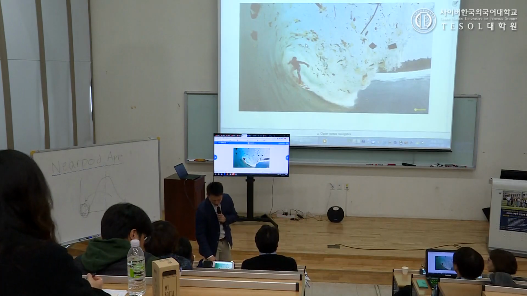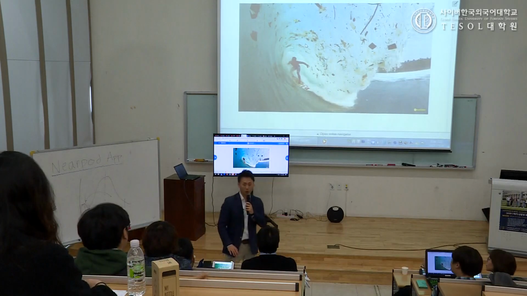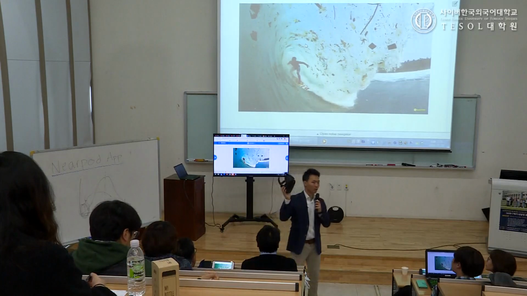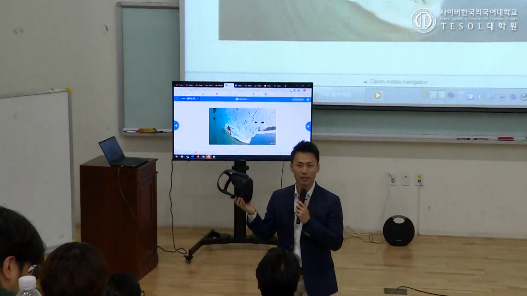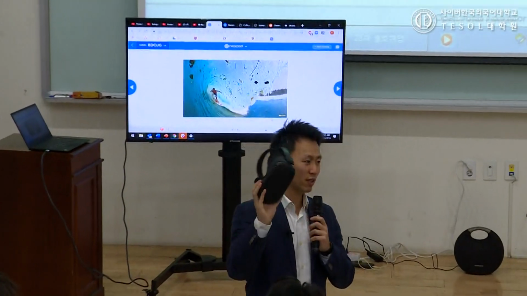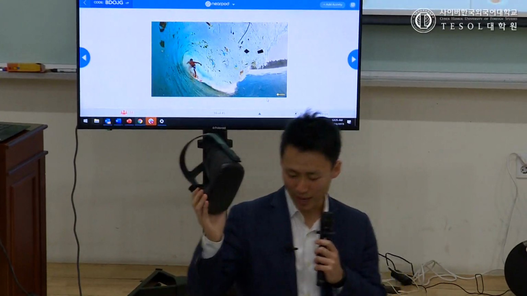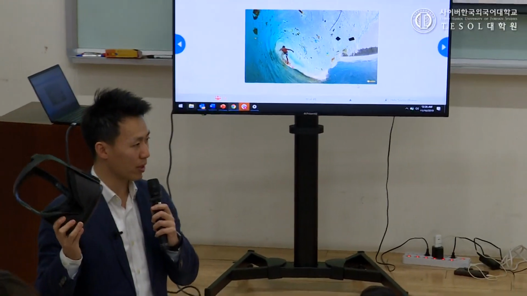So at this point, I do want to take a quick break, but before we do, I'm going to announce that I brought this with me as well for you to try. This is an Oculus Quest, and this is a virtual reality headset. I have some activities loaded on here that you can try during the break.